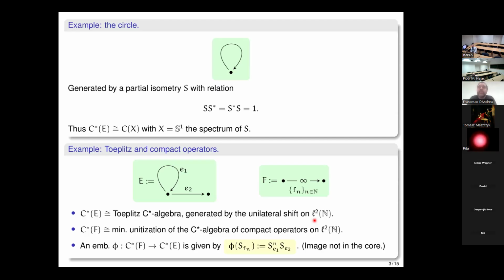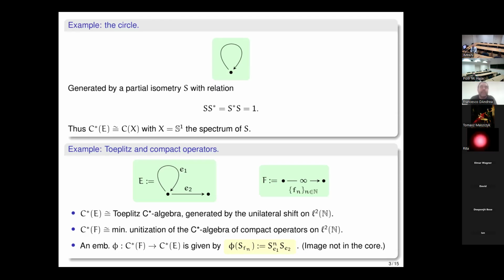Okay, what is more important, the reason I am showing this example is that this is one of the examples where you can construct explicitly a star homomorphism from an amplified graph C star algebra to the graph C star algebra of a finite graph.